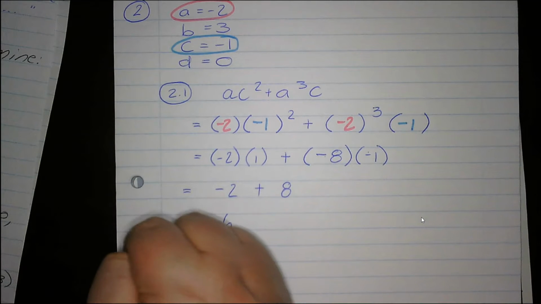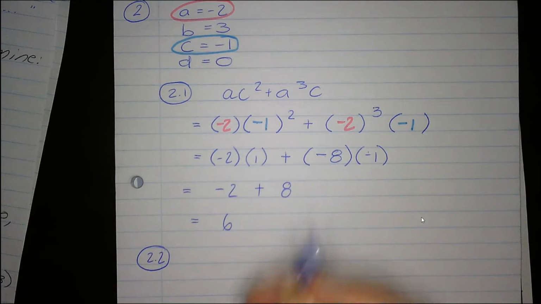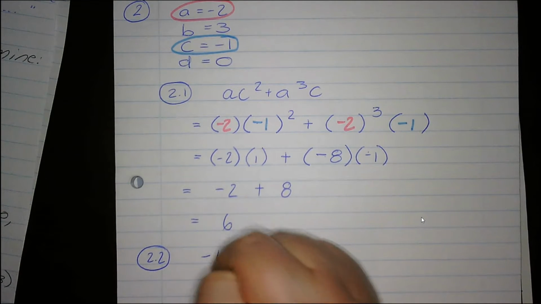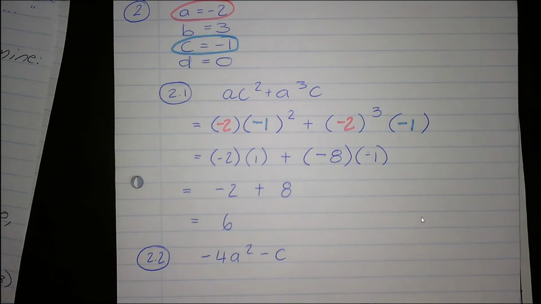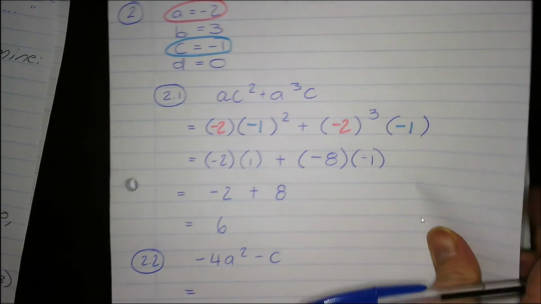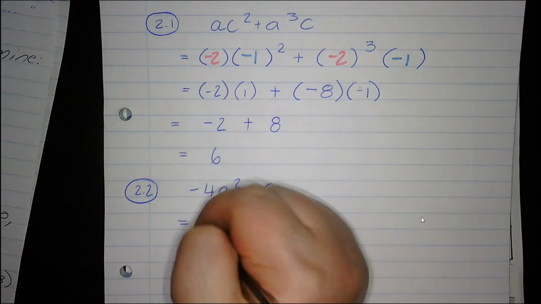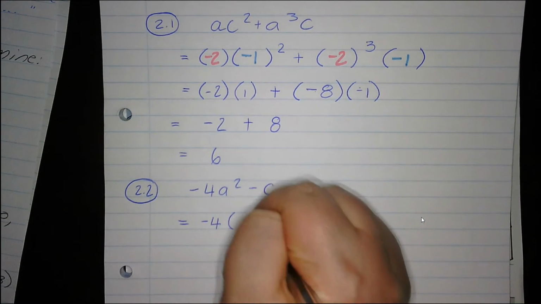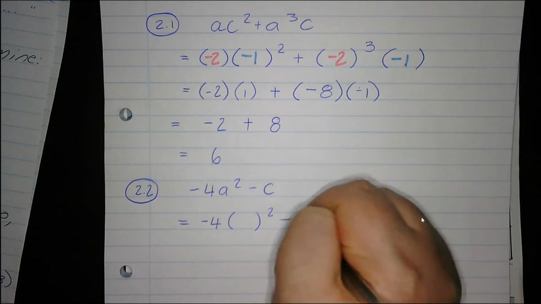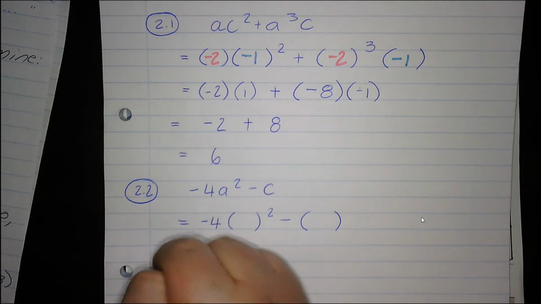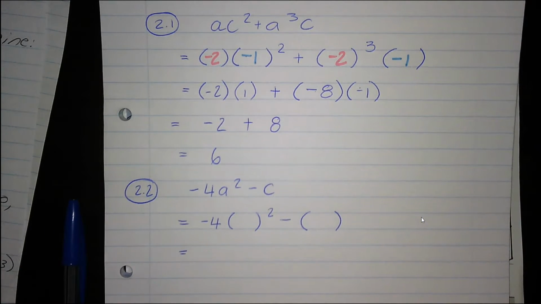Let's look at 2.2. We have -4a squared minus c. We're going to build our skeleton first. -4 and then a squared minus c. In the place of a, I'm going to put -2, and in the place of c, I'm going to put -1.